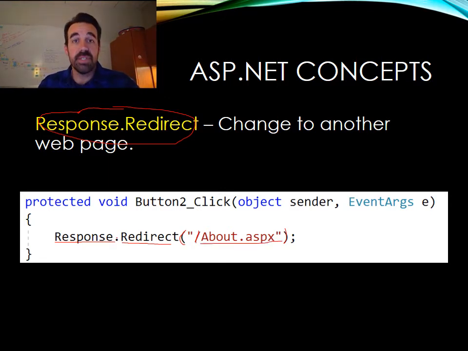That only works if your about page is in the same web server folder that your user is currently on. If you want, for instance, your user to traverse out to another website completely, you're going to have to fully qualify that website name. That just means you're going to need the http: and the whole URL name for that to happen. And like any other C# command, you end with a semicolon.